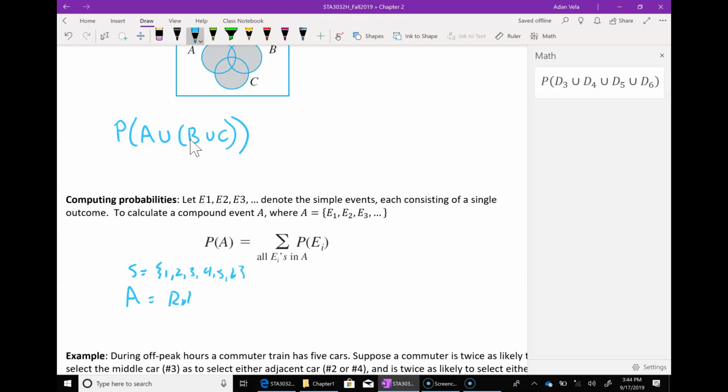And I'm going to define the event A as rolling an odd number. Okay. The probability of rolling an odd number is just equal to the probability of rolling a 1 plus the probability of rolling a 3 plus the probability of rolling a 5. Okay. Where 1, 3, and 5 are simple events. They make up the events that are in A.